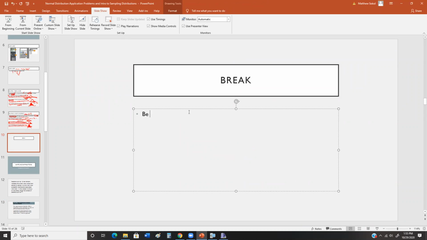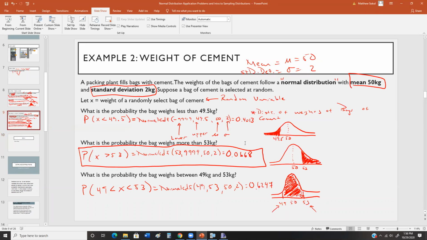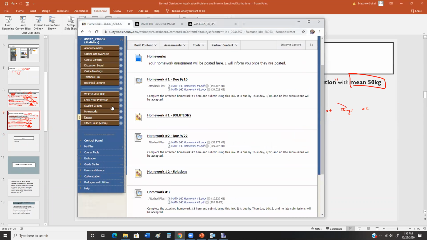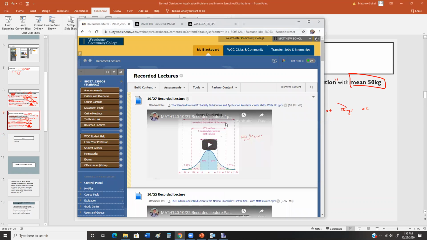Let's be back. Could you go back so I can take a picture of the last slide? Yep. I also post these right after class too, as a reminder, if people aren't checking. Under recorded lectures, right after class, I post the recording and the same PowerPoint with my write-up in it.